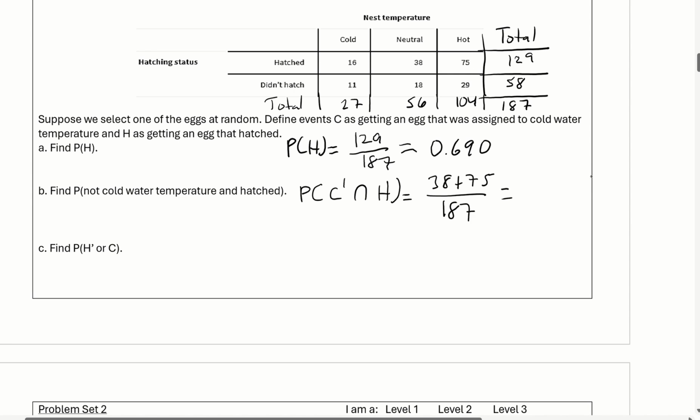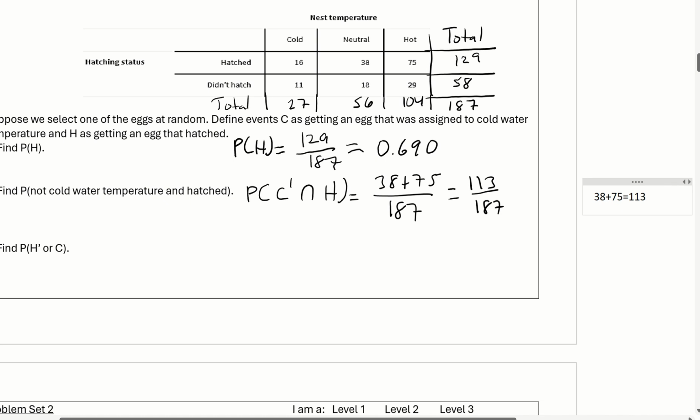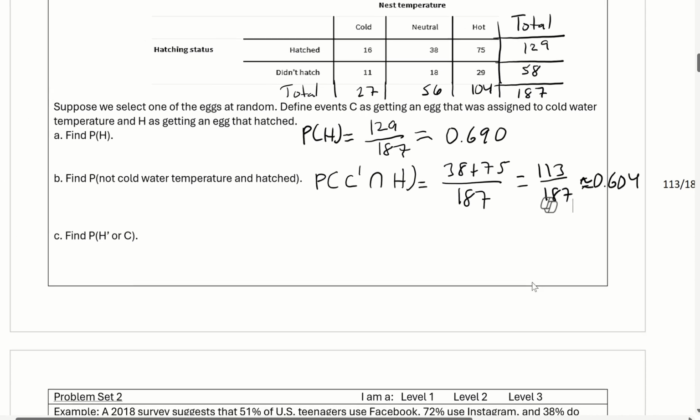All right, so that's going to be 113 out of 187. Let me double check that. Okay. 0.604 approximately.